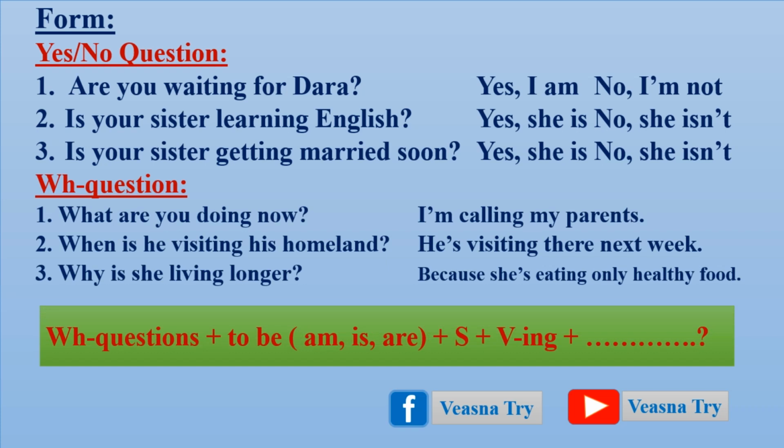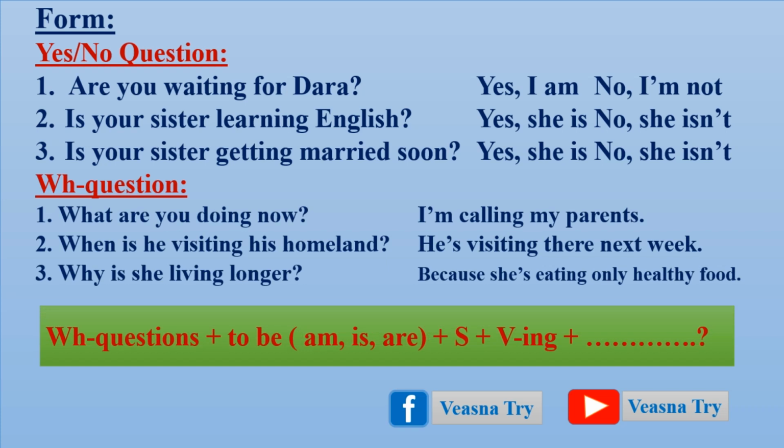So look at the form together. So where can you find WH question? WH question, we got words like what, when, why, where, what time, how. Okay, these are WH questions. So what are you doing? What is the WH question. Are is verb be, and you is subject, and doing is verb ing, and then something else, question mark.